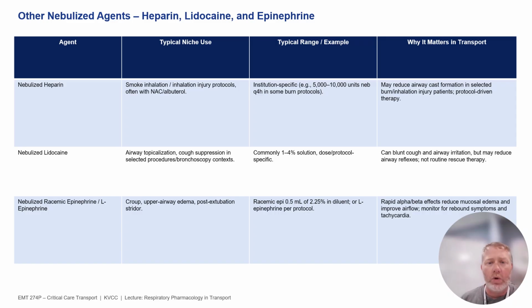It's in the same ballpark as albuterol because it works on the sympathetic side of the autonomic nervous system, with norepinephrine being the neurotransmitter, your catecholamines, norepinephrine, epinephrine, dopamine. Racemic epi is a derivative of straight up epinephrine.